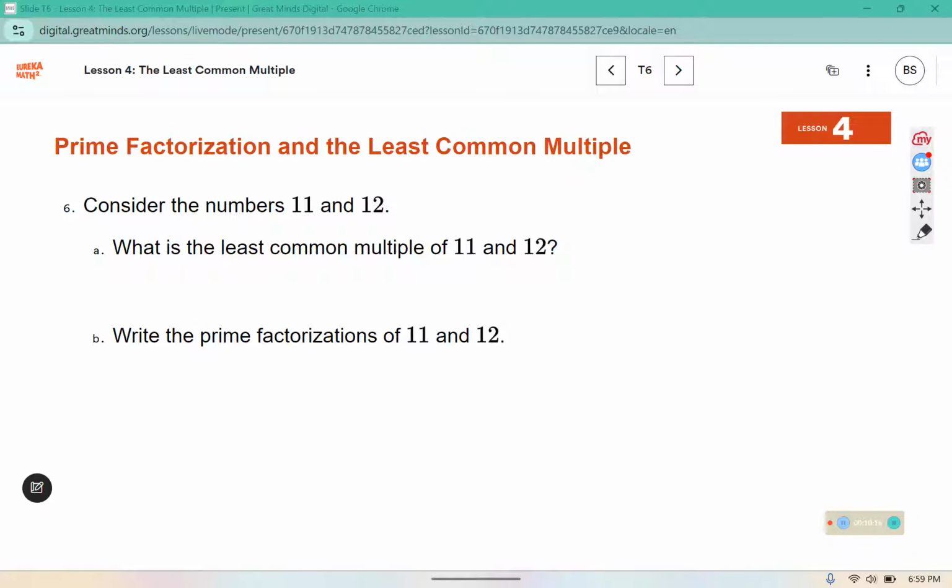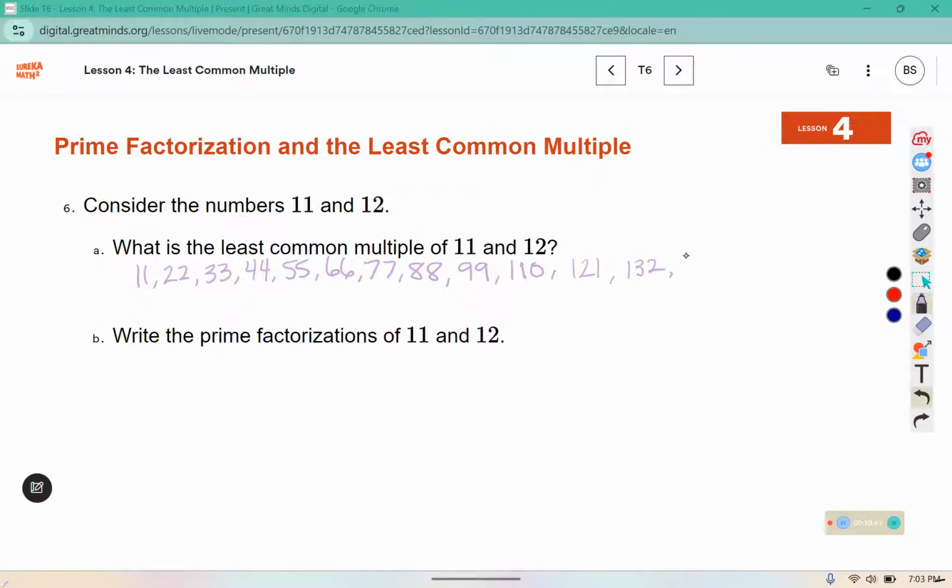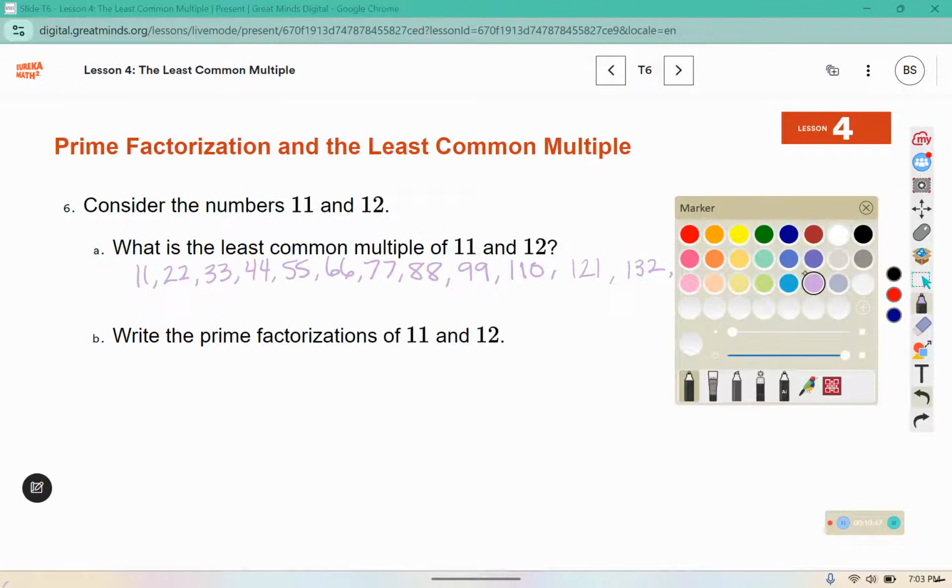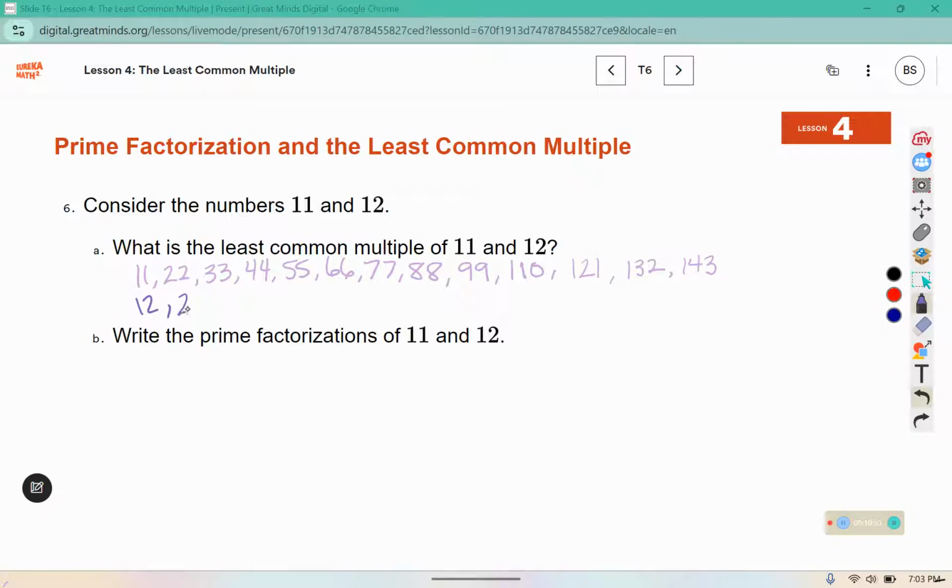Consider the numbers 11 and 12. What is the least common multiple of 11 and 12? So for 11 we have 11, 22, 33, 44, 55, 66, 77, 88, 99, 110, 121, 132, 143, and for 12s we've got 12, 24, 36, 48, 60, 72, 84, 96, 108, 120, 132, and 144.